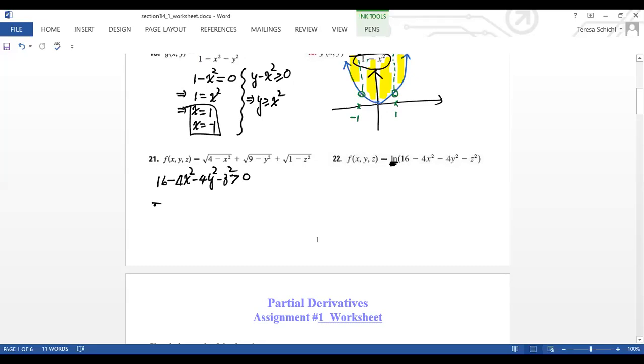Okay, so now if you move this one to the other side, you will have 4x plus 4y plus z squared is less than what? It's less than 16, right?